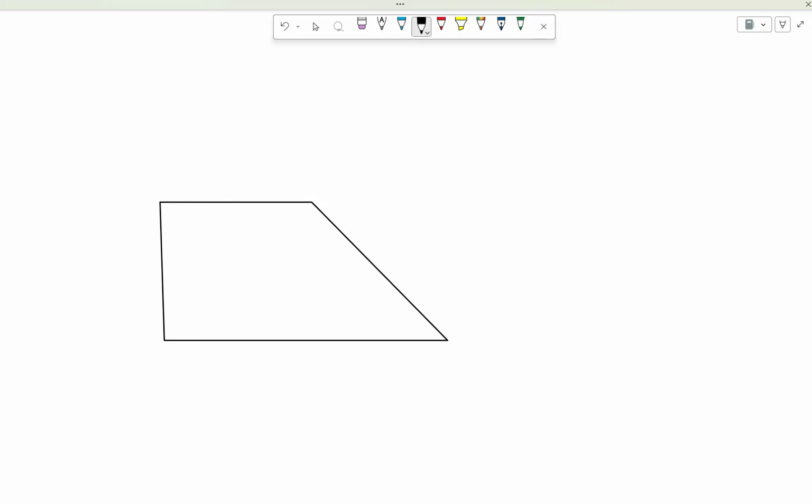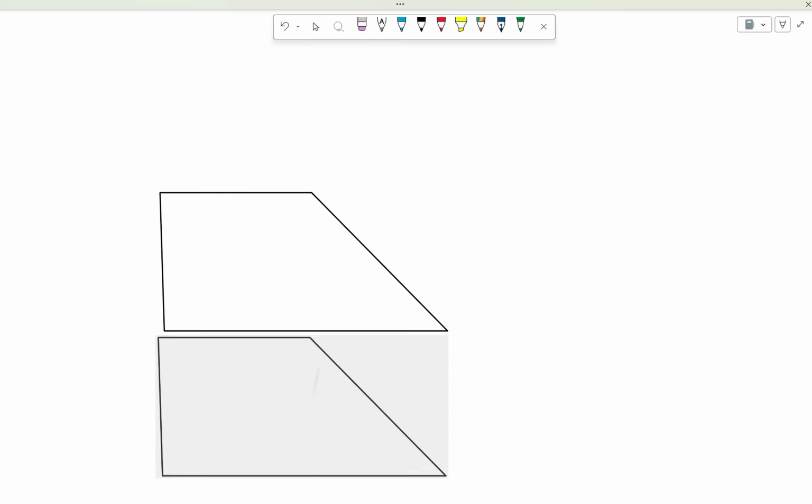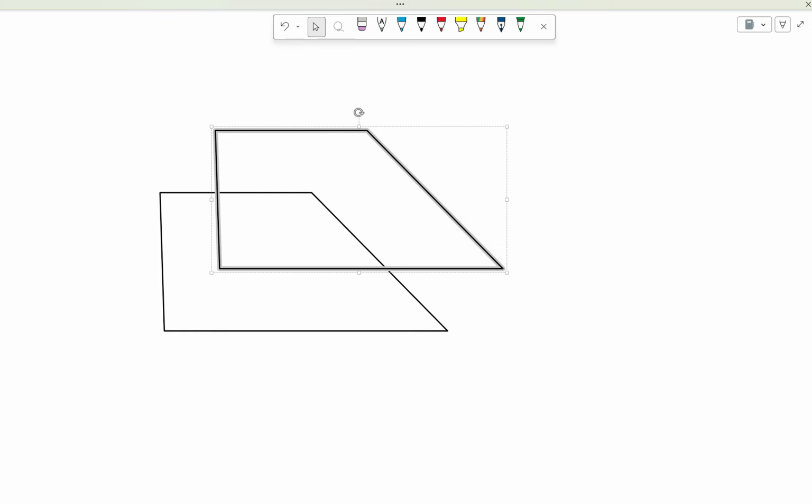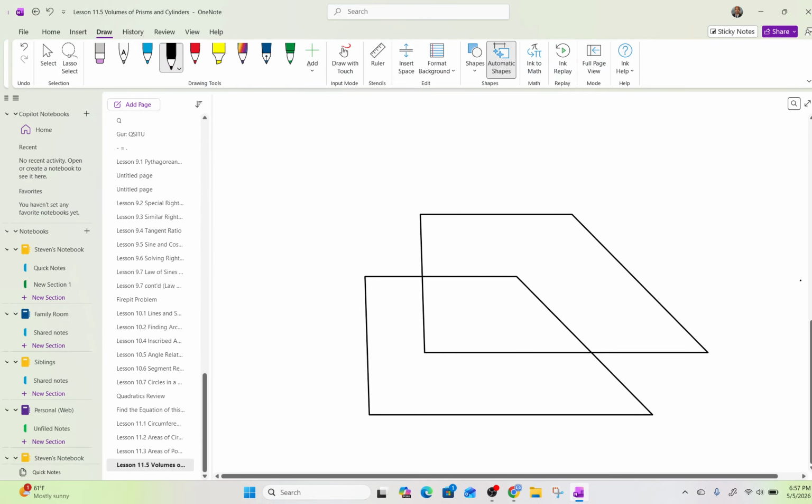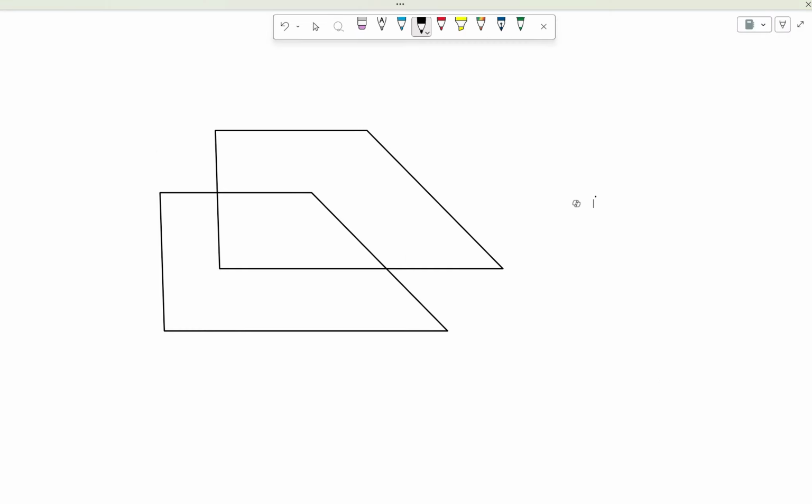So I'm going to take my trapezoid, and copy it. I'm going to connect these vertices, connect these vertices, connect these vertices, connect these vertices. Okay?